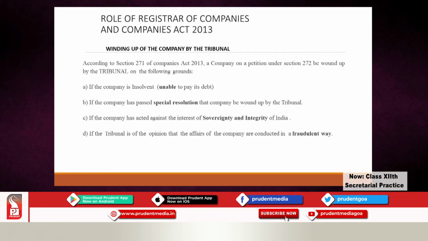According to section 271 of the Companies Act 2013, a company on a petition under section 272 be wound up by the tribunal on the following grounds.